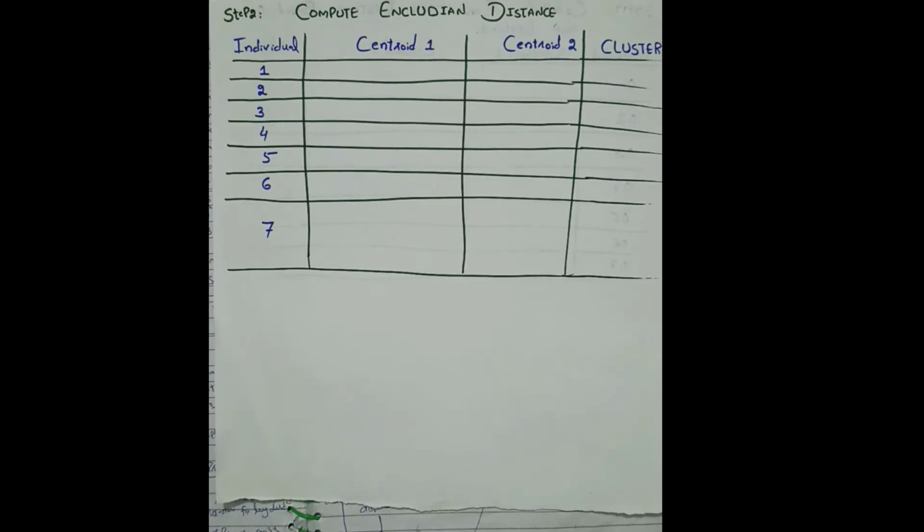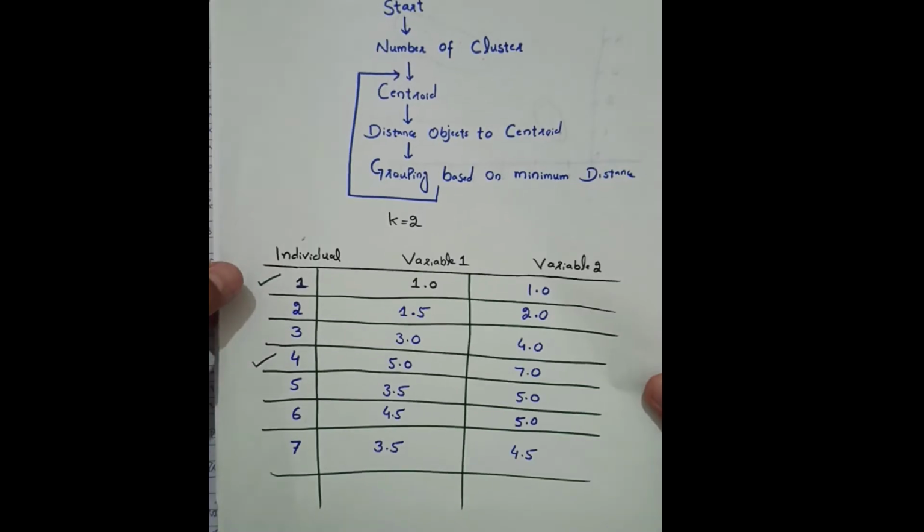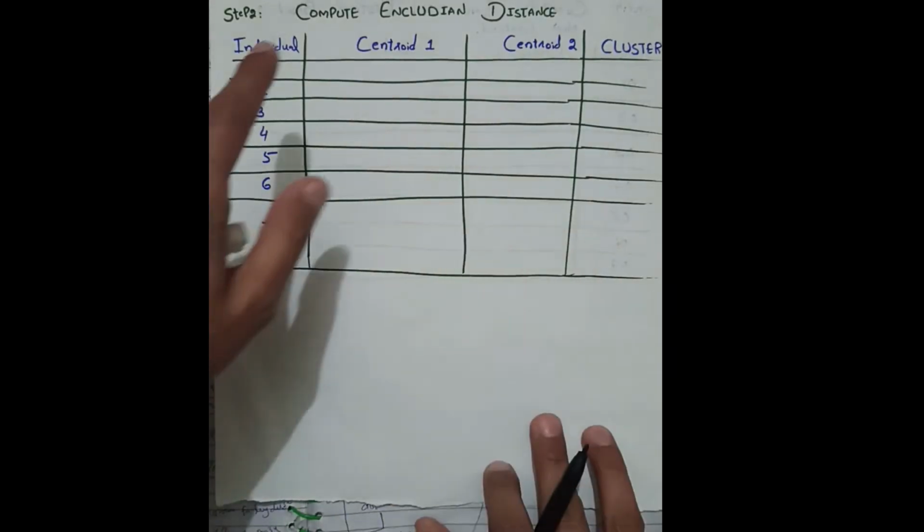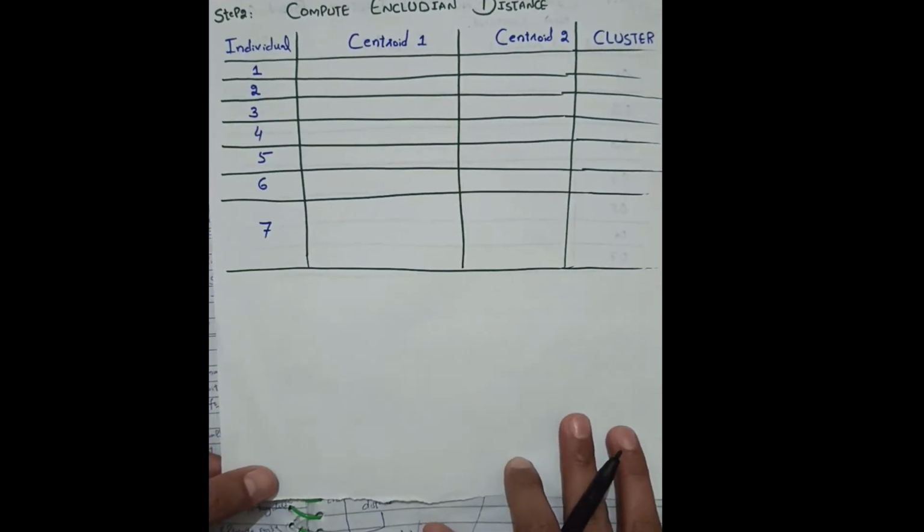Now in step 2, we compute the Euclidean distance. I will show you how we can compute one, and the remaining you can calculate with the same steps.